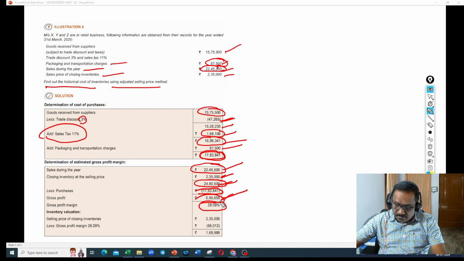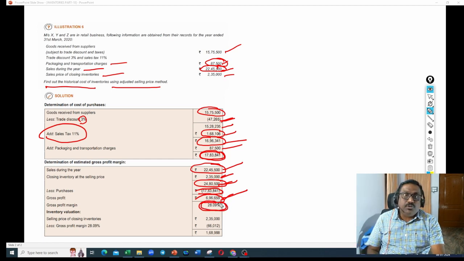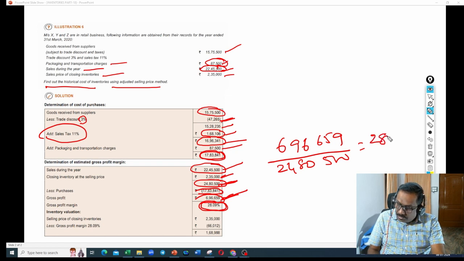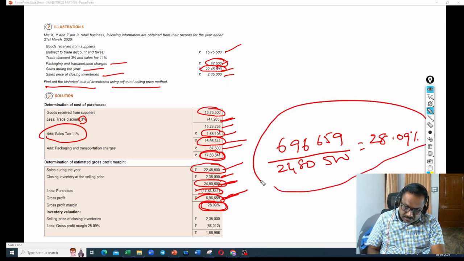How did you get this 28%? That is something you need to understand. 6,96,659 divided by 24,80,500 is equal to 28.09%. If you do this calculation, you will get this gross margin. Getting my point? I just now did it in calculator.